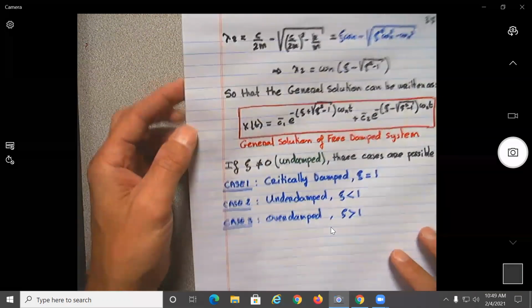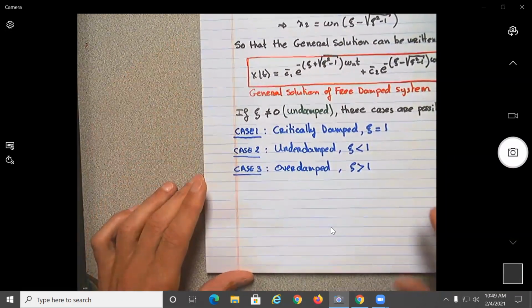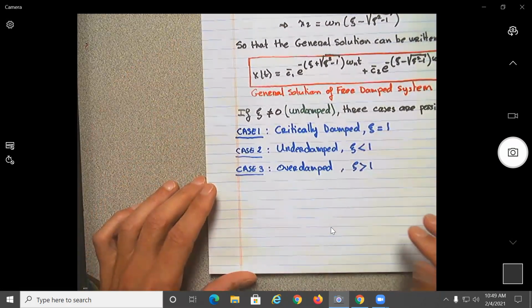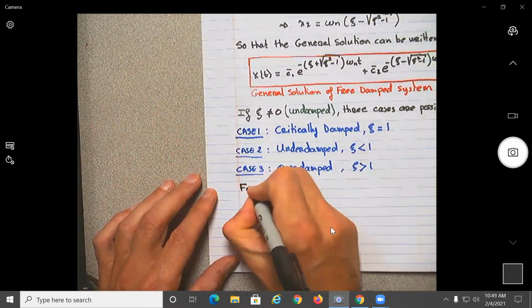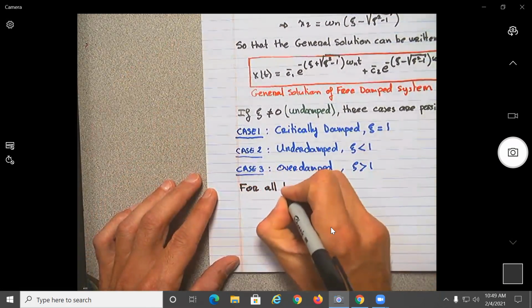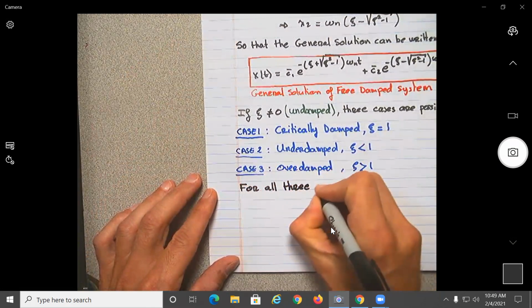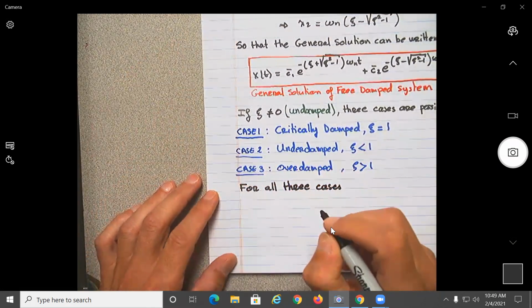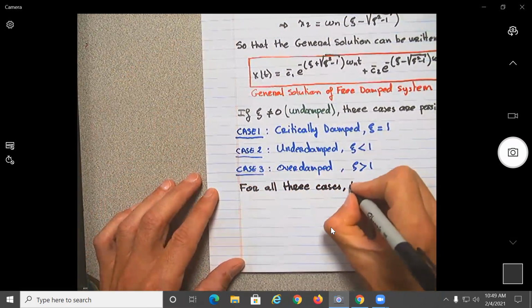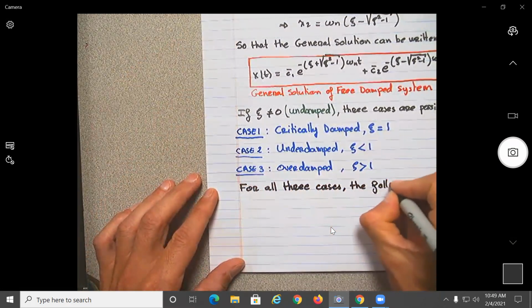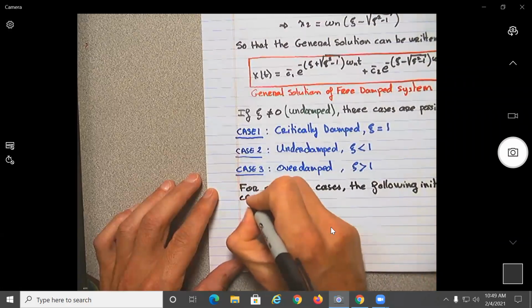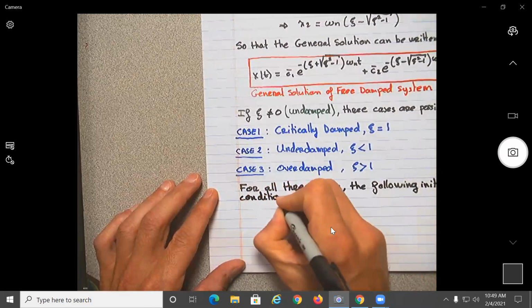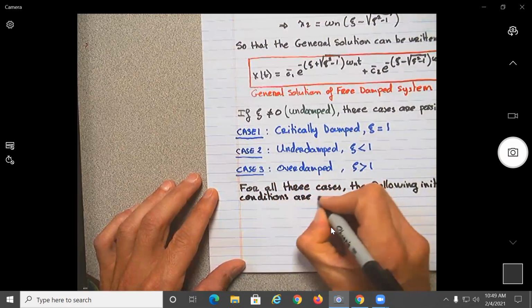Okay, and since we're going to be solving for each one of these cases, I'm going to define now the initial conditions, so we can use the same initial conditions for all three cases. So for all three cases, the following initial conditions are considered.